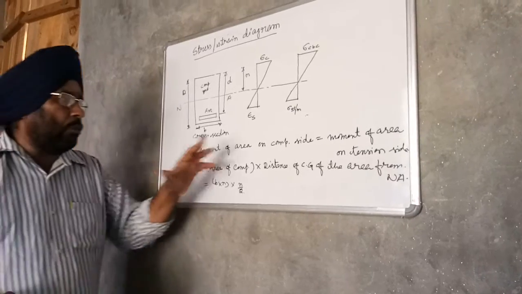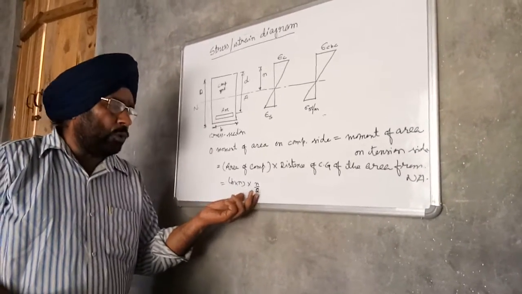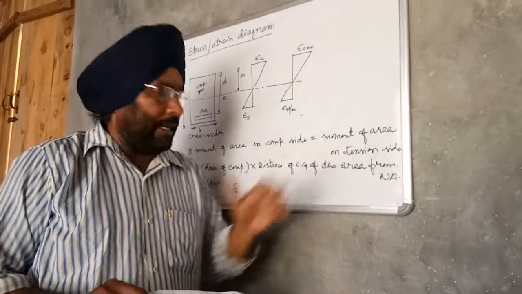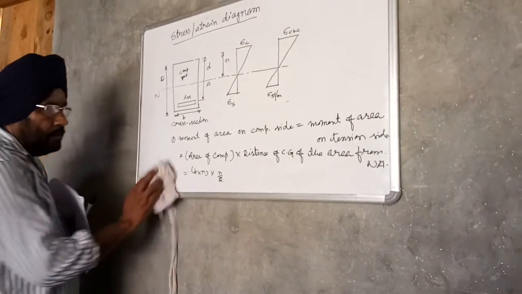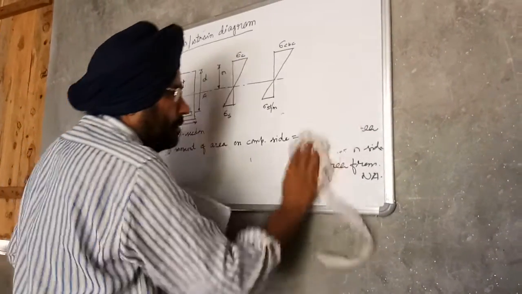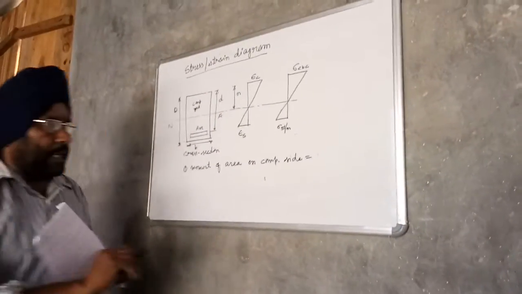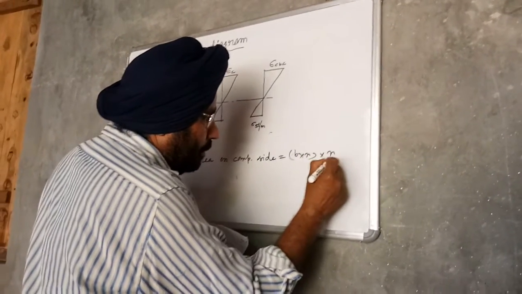So the moment of area on the compression side about the neutral axis is equal to B into n into n by 2.